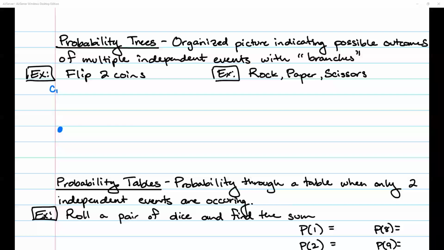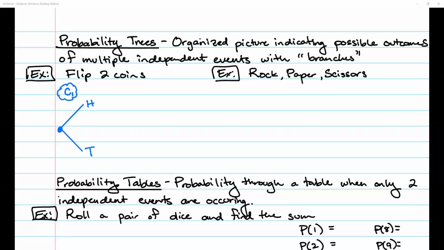When you flip that quarter, there are two different things that can happen: you can land on a heads, or you can land on a tails. So this is what the options are for coin number one.